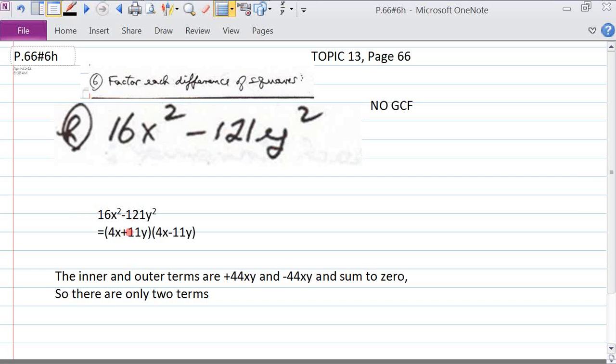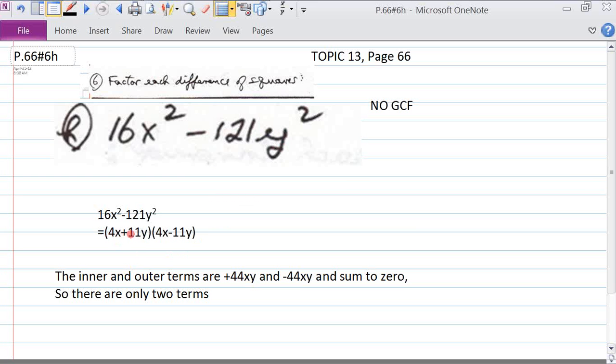And then we can add 11y here, subtract 11y here, because 11 times 11 would give us 121, and plus 11y times minus 11y would give us minus 121y squared.